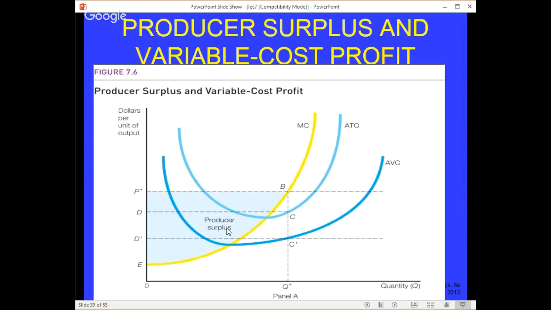That's the difference between what the firm receives and what it's willing to produce at any given price, below the actual price. By the way, that curve is supposed to be horizontal. It's not supposed to be upward sloping, but I drew it a little bit upward sloping there on the board. Sorry.